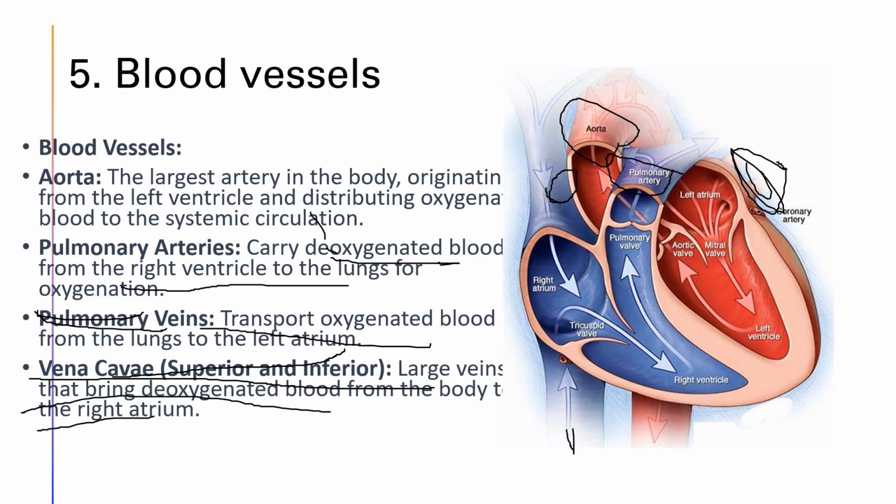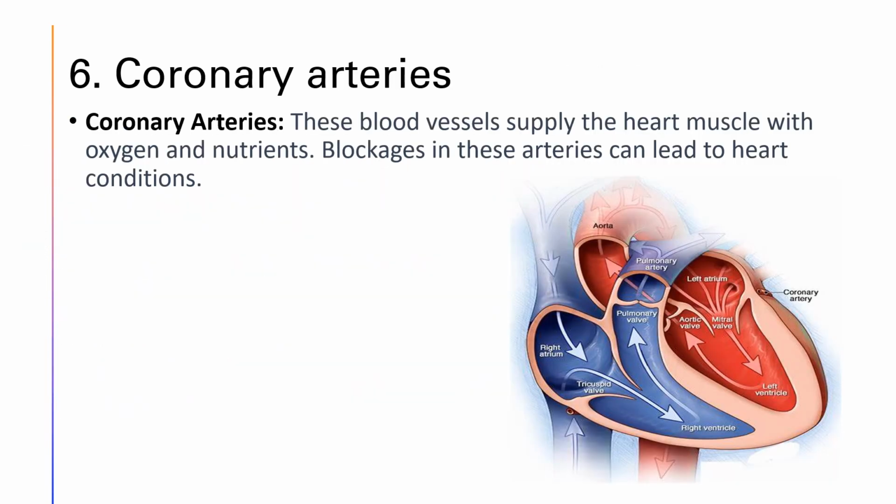Now comes the very important part of this video. We have the coronary arteries. So what are coronary arteries? These are arteries which are directly a branch of the ascending arch of the aorta, and these arteries supply the heart itself.